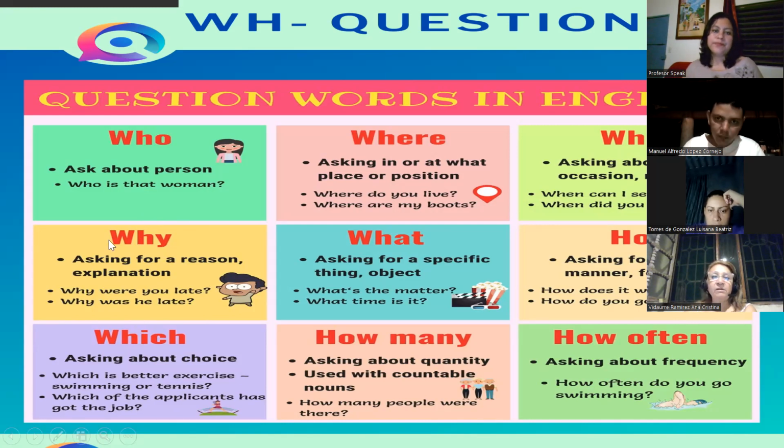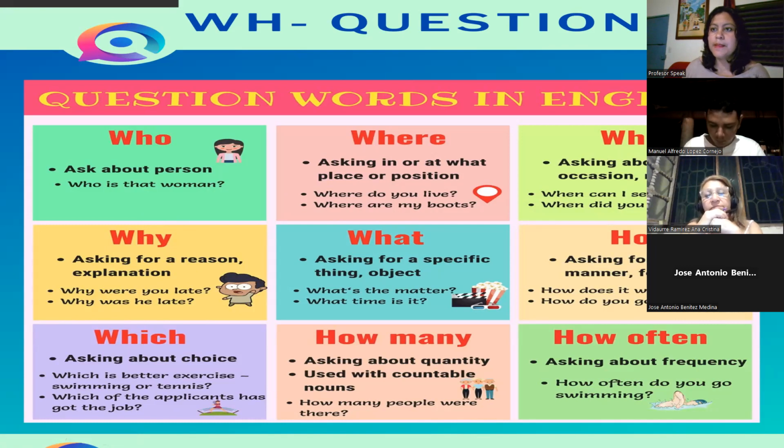We are going to use what when we are talking about a specific thing or an object, like what's the matter, what time is it. How, when you are asking for a way, like una forma, manner is forma de ser. Okay, how does it work? How do you go to school, okay? We are going to use which when you are asking about a choice.